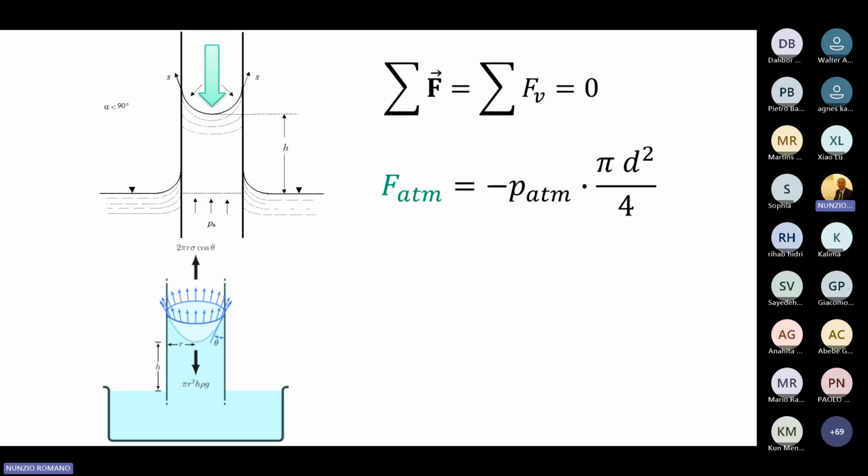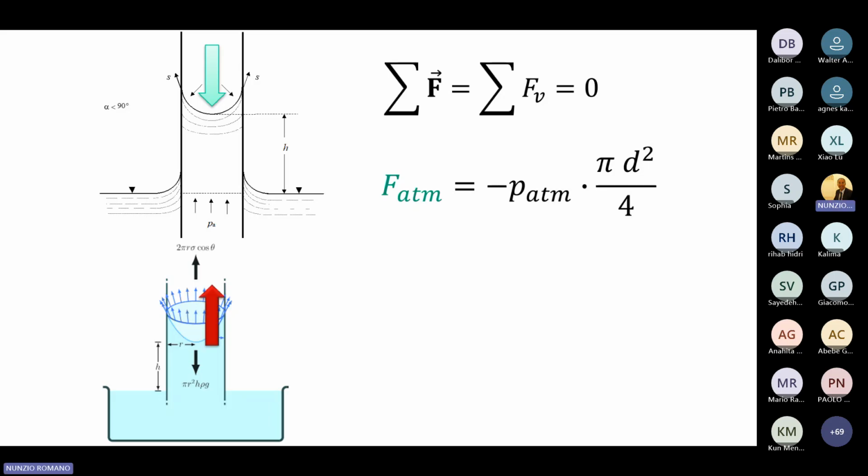We have to be consistent in this exercise: we have to compute the forces. Pressure is not a force; pressure is a force divided by an area. We also agree to consider negative the vertical forces that act downward, and the atmospheric pressure, the green arrow, acts downward. This is why I put a minus sign.